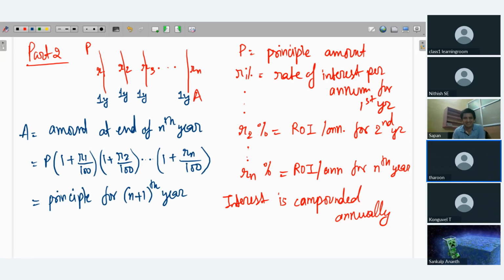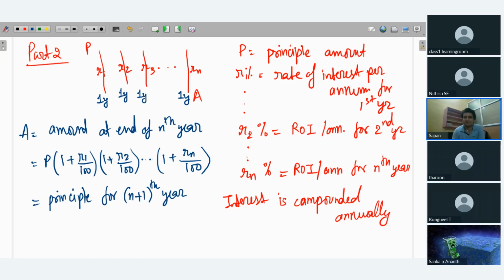I stayed in mute because there's some construction work going on near my home. If I unmute, it would be a disturbance. What about Sankalp and Nitish?